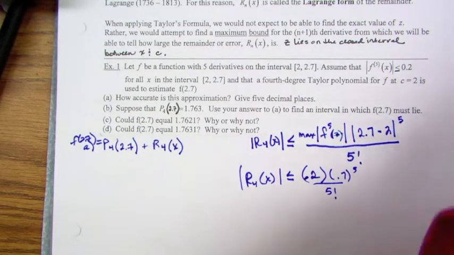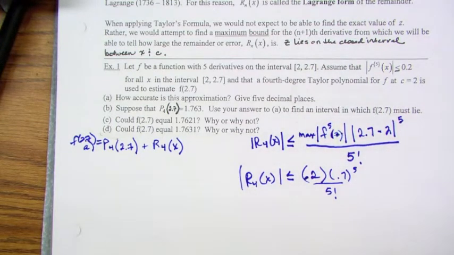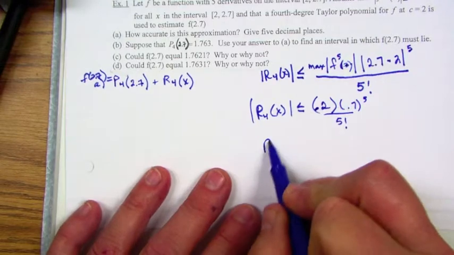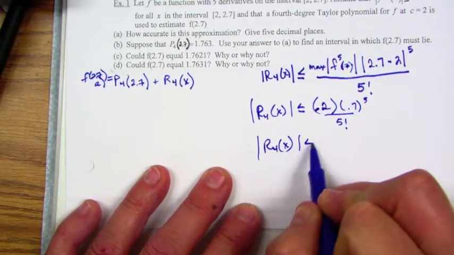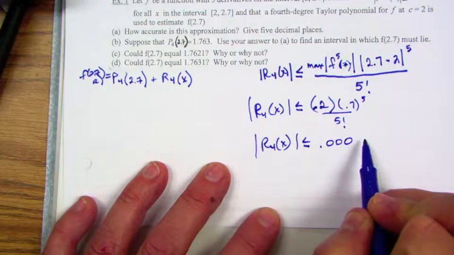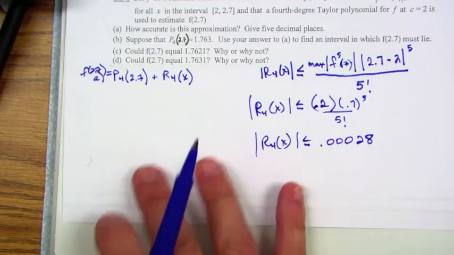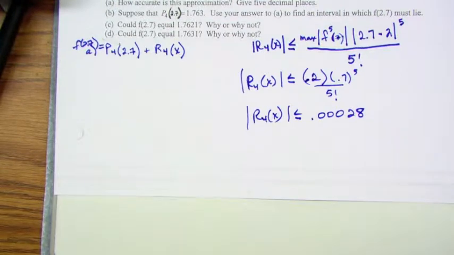Okay, and you should have a calculator, and it did say to go to 5 decimal places, just so you know. That comes to 0.00028.